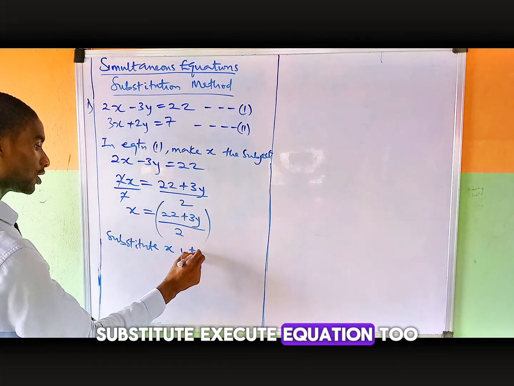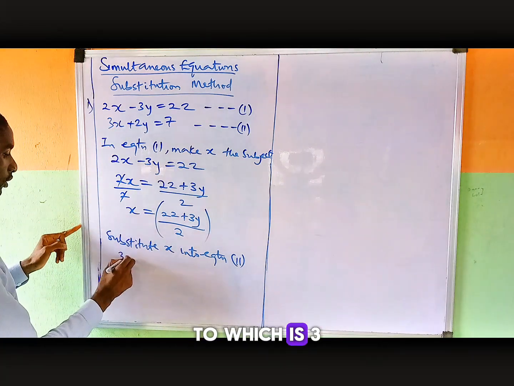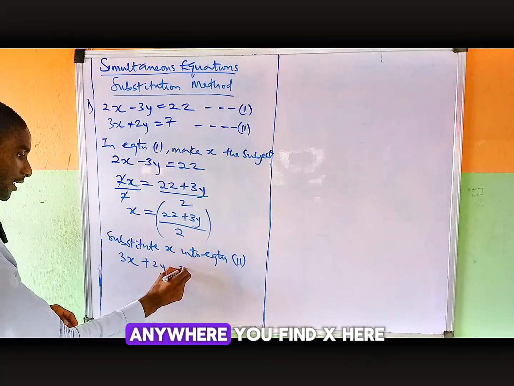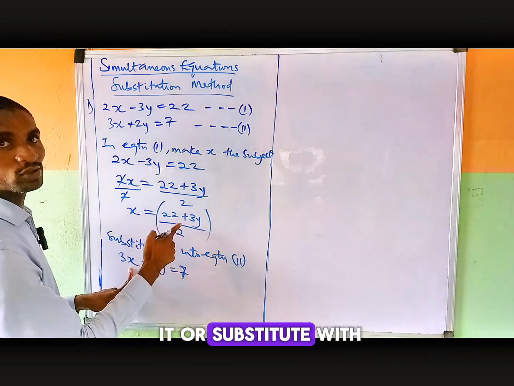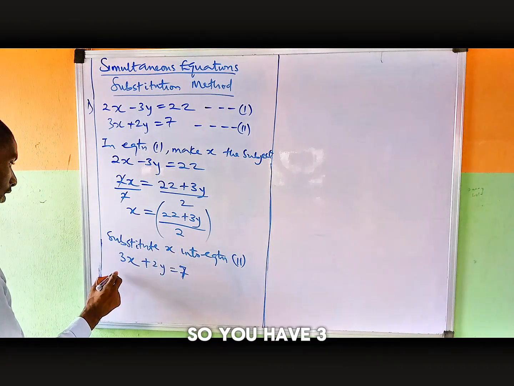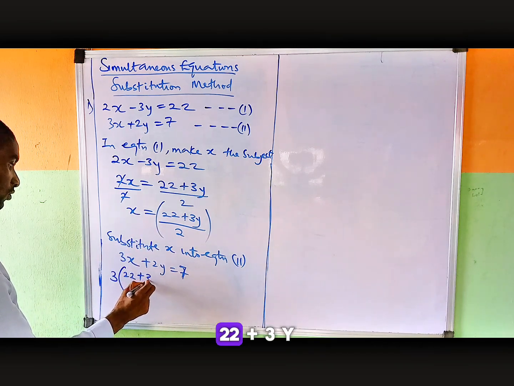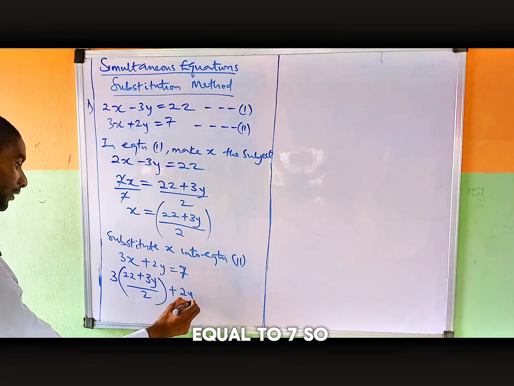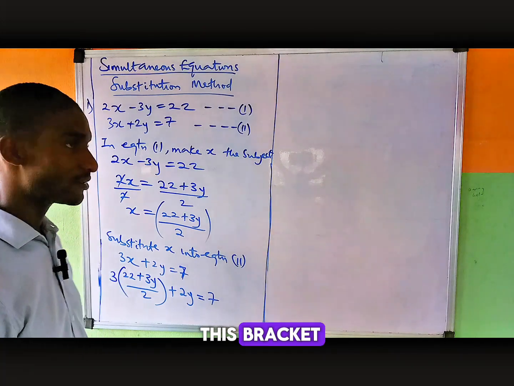x into equation 2. So I'll go to my equation 2, which is 3x plus 2y equals 7. Anywhere you find x here, you replace it or substitute with this. So you have 3 into bracket, (22 plus 3y) over 2, plus 2y equal to 7. So let's try to open this bracket.